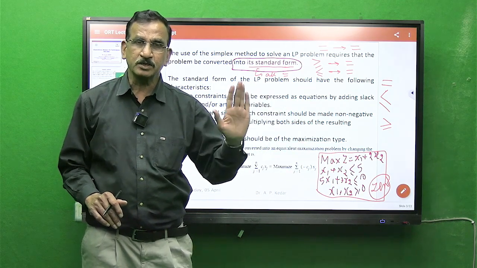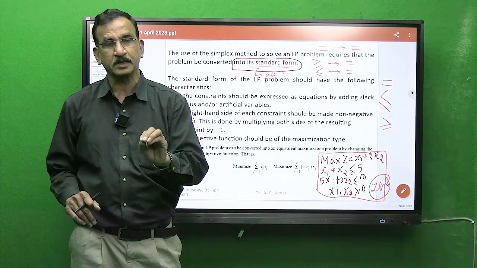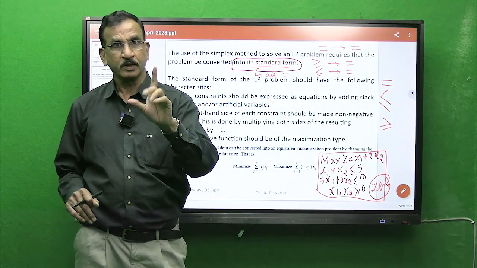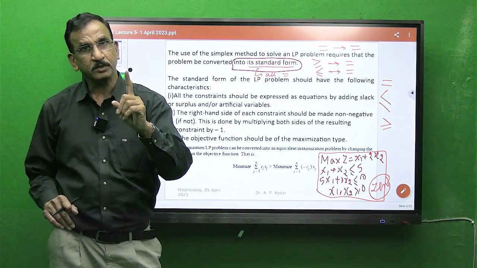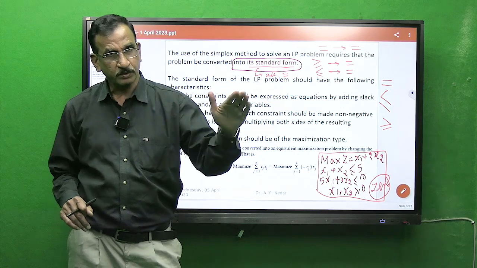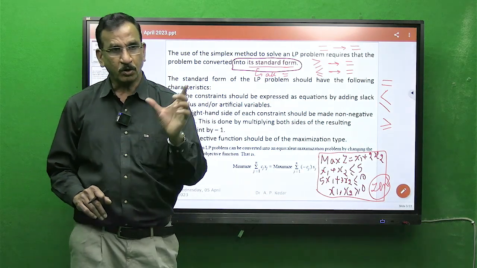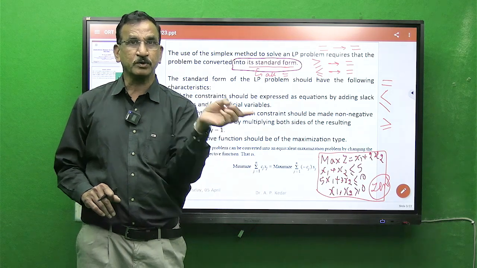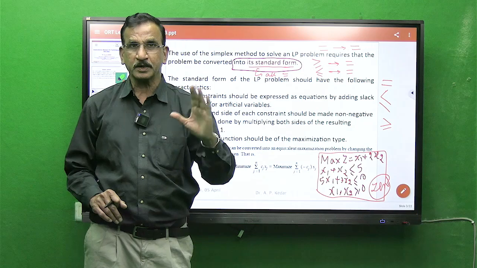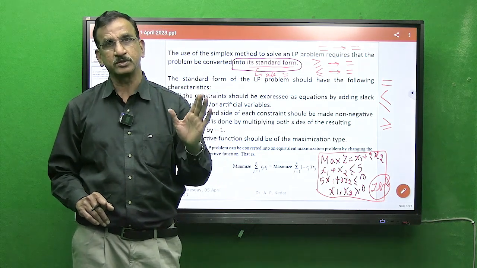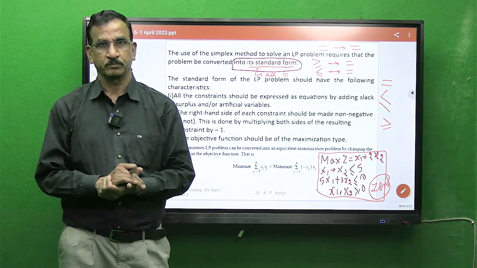If there are 10 decision variables like x1, x2, x3, x4, x5, x6, x7, x8, x9, x10, mind well, remember this thing, when you start writing the very first simplex table, all these decision variables from x1 to x10 will have value 0. We'll start from that 0 value of all these decision variables, and step by step we'll improve. Got it?